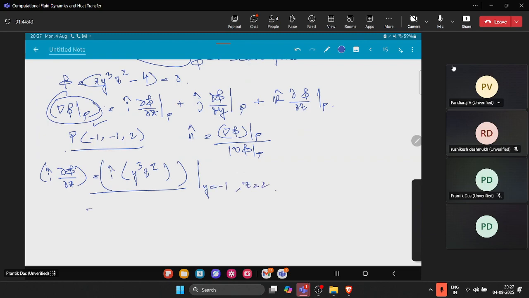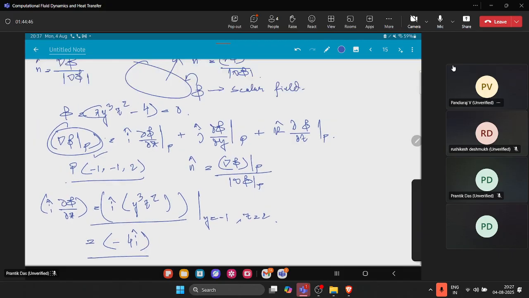So it becomes minus 1 into 4, minus 4 i cap. Similarly, you have to find the y component and z component, and after finding them you have to normalize, or find the unit normal vector, which is gradient of phi divided by magnitude of gradient of phi. I think that is pretty easy, so please do it.